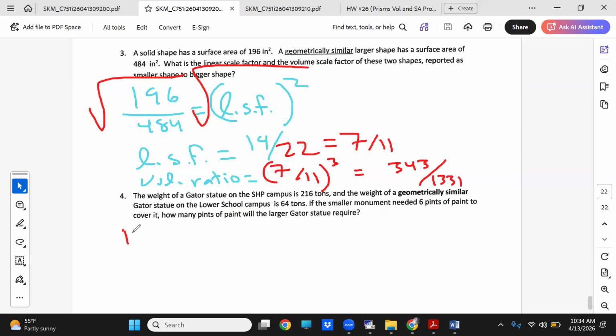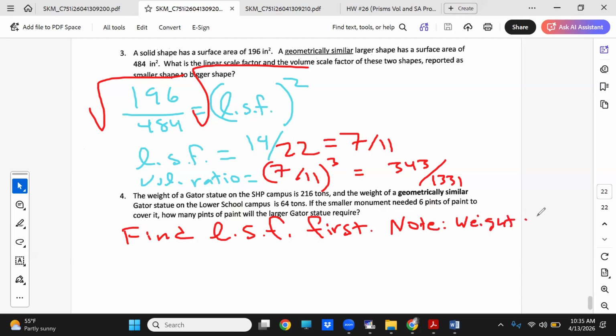So for number 4, find the LSF first. And note, weight ratio is like the volume ratio.